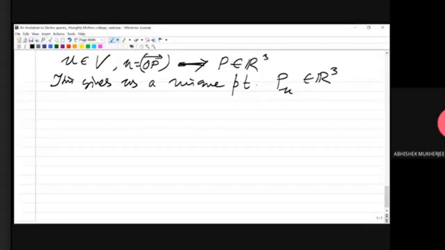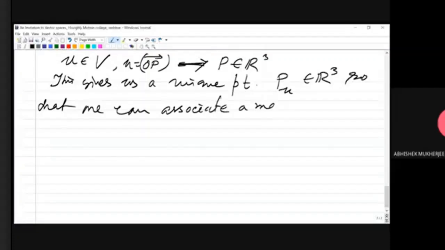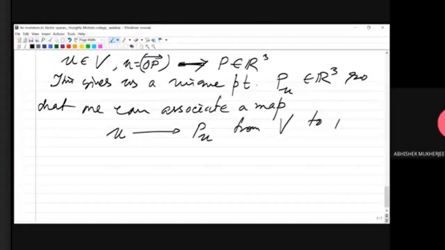And so one can associate a map, that is, one can associate a map from U, mapping U to PU, from the set capital V to R3, right?